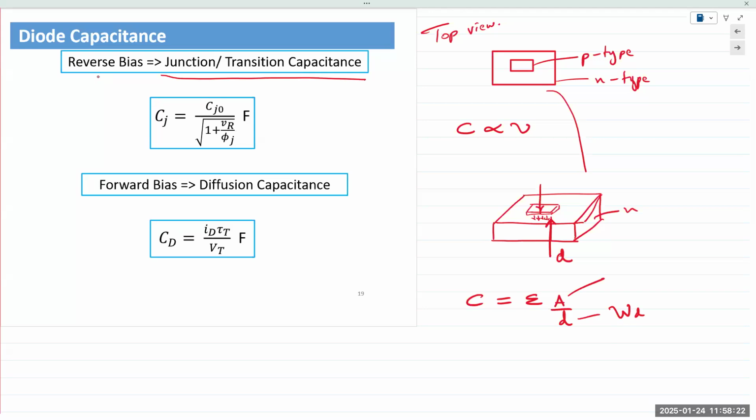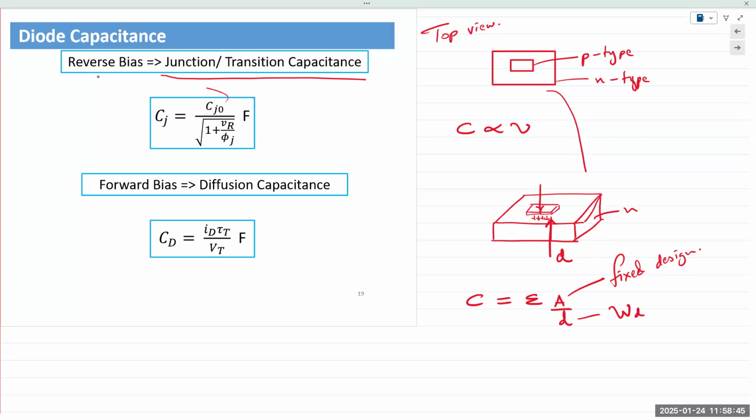You're designing the dimensions of your P-type material or your N-type material. So this would be fixed by design. But WD, the depletion region width, changes as a function of the voltage. Hence, the capacitance changes as a function of the reverse bias voltage.